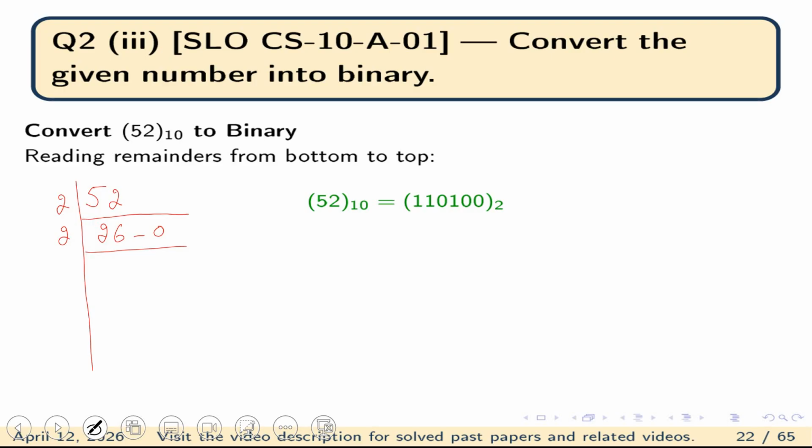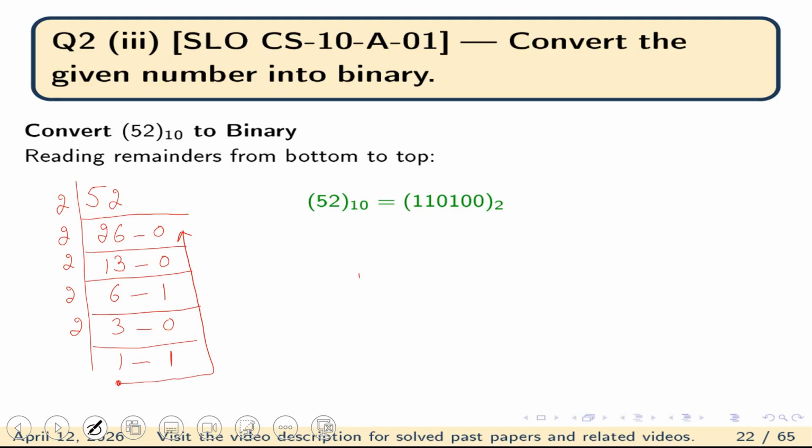Again divided by 2, answer should be 13 and remaining value is 0. Divided by 2, 6 and remainder is 1. Divided by 2, 3 and remaining value is 0. Divided by 2, 1 and remaining value is 1. When you write the answer, you will start from this point and move to this point, this way.